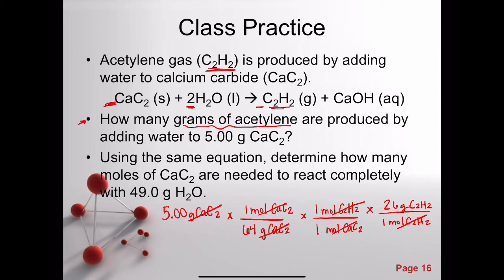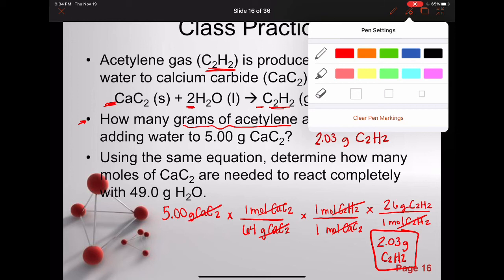And that gives me 2.03 grams of C2H2. Okay, and that's how we would do this one. 2.03 grams C2H2.